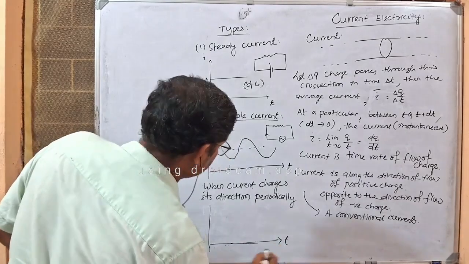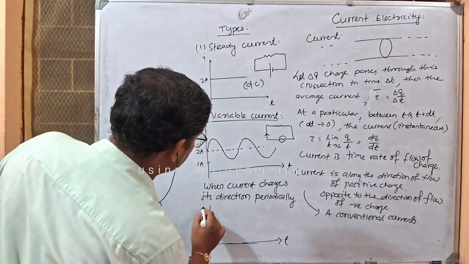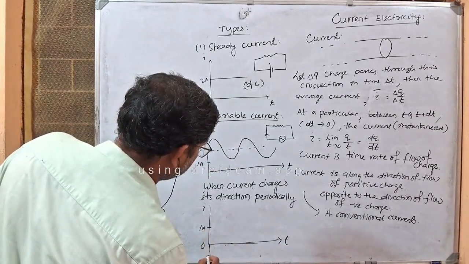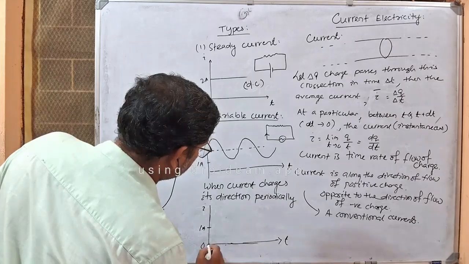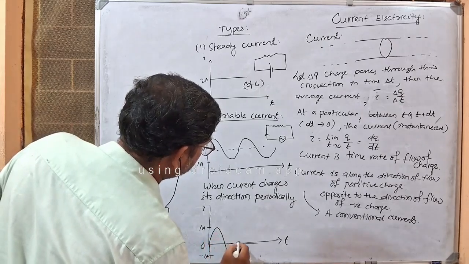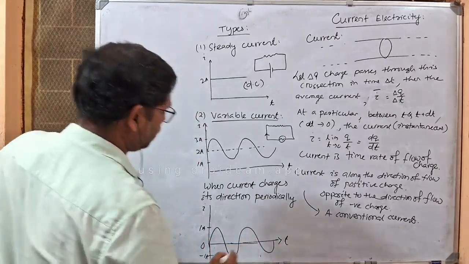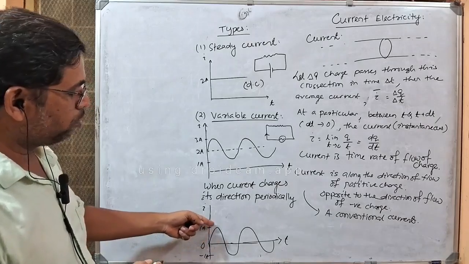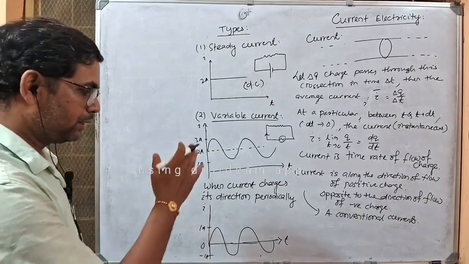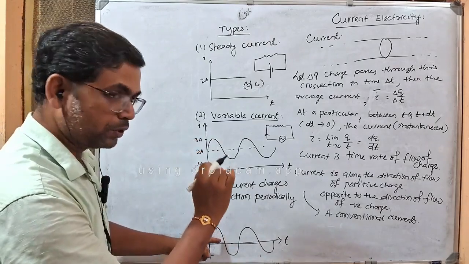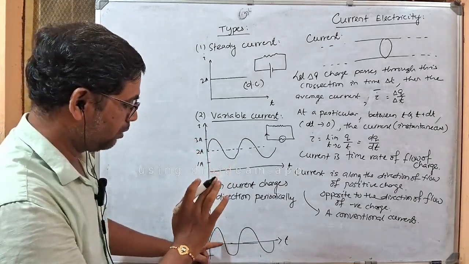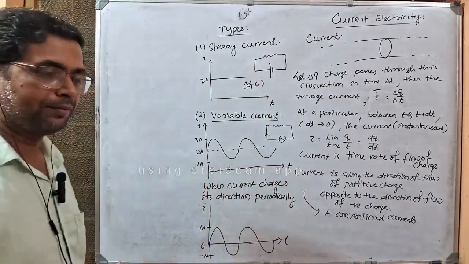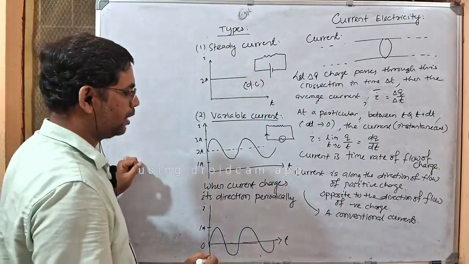This is t, this is I, this is 0. So current, this is 1 ampere, this is minus 1 ampere. It changes like this. It starts from 0, goes to maximum 1 ampere in one direction, then it drops. Current direction is not changed. When it becomes negative, means current starts flowing in the opposite direction. This is our alternating current.